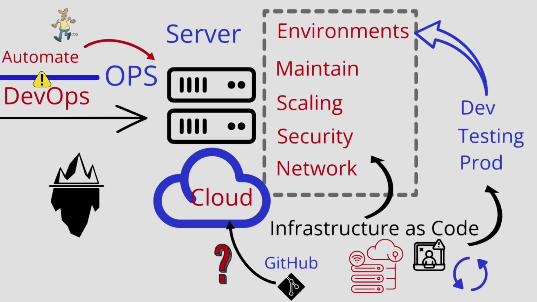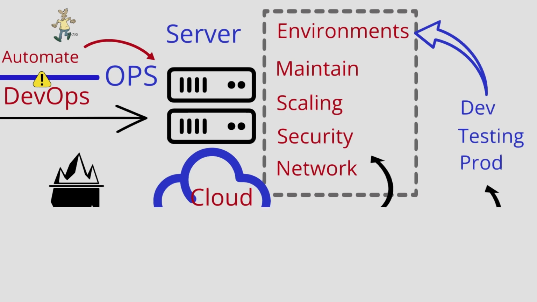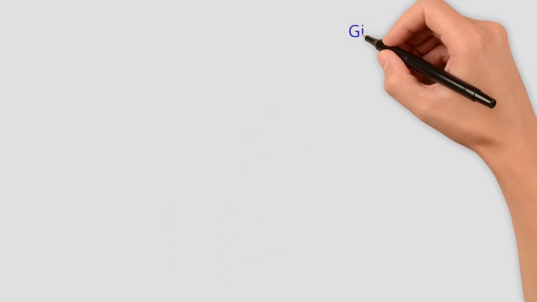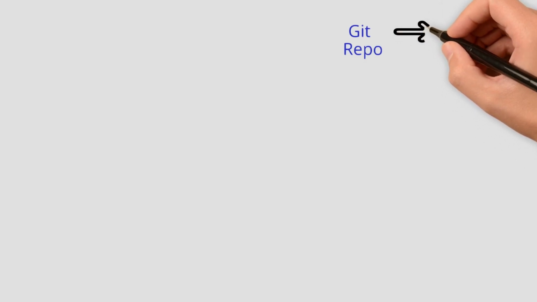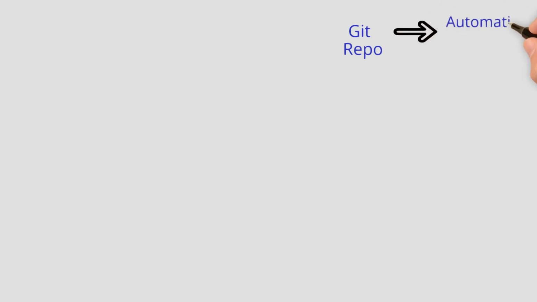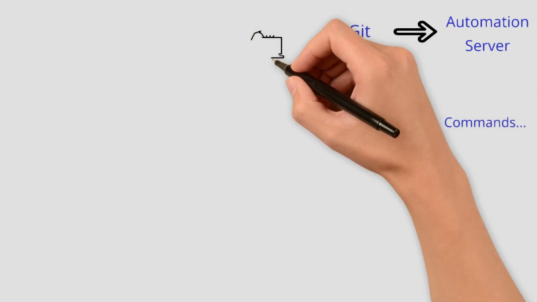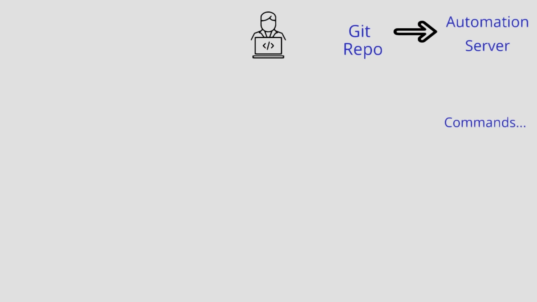Amazing questions, worth explaining properly. GitHub and similar systems, they have integrations with some tools which are called automation servers. The automation server is just like a normal server where you can execute commands. So engineers, usually DevOps, they write commands which talk to the cloud provider to tell it that they want the resources defined in the infrastructure as code files to be created.